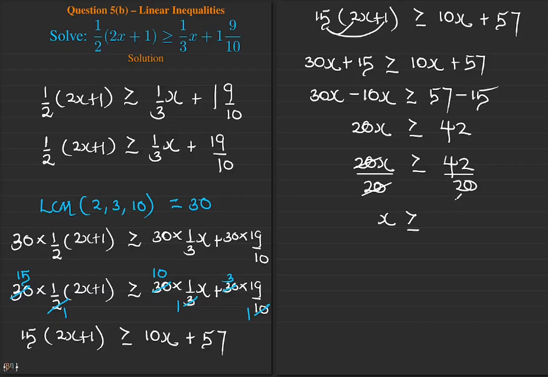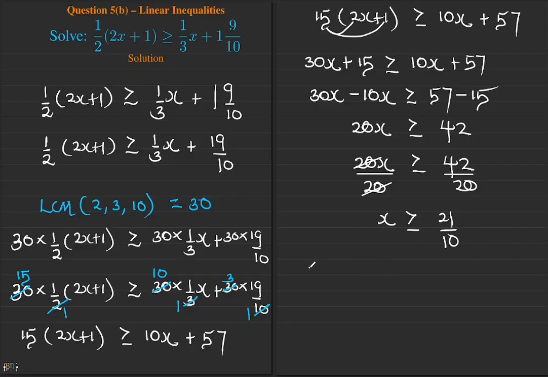With 42 over 20, we can simplify it as 21 over 10. That is 2 divides 20 10 times, and then 2 divides 42 21 times. This is our final answer. Now, we can choose to write it as mixed fractions or even as decimal.